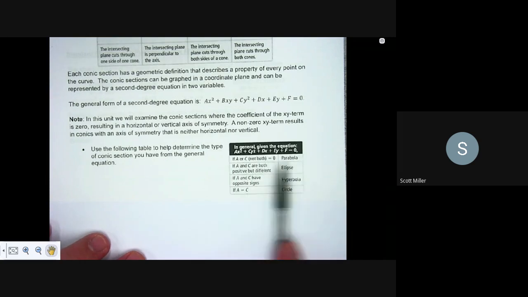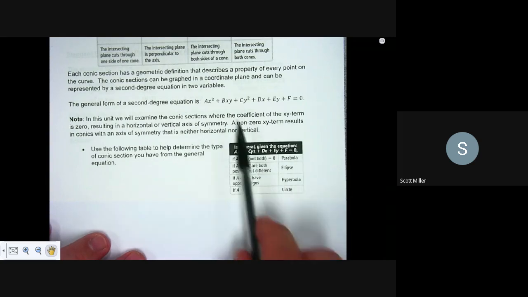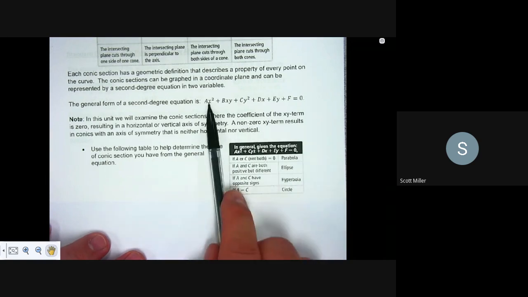All right. So if there is no bxy term, then it kind of turns down to these things, and you can identify which kind you have based off of this little chart right here. As long as the bxy term is 0, then if a and c are not both equal to 0, you'll have a parabola. So a or c, but not both, has to be equal to 0.